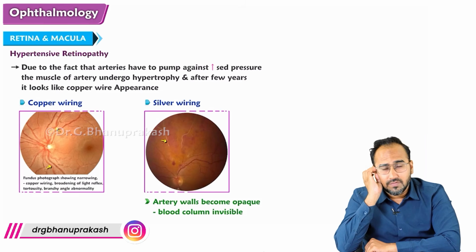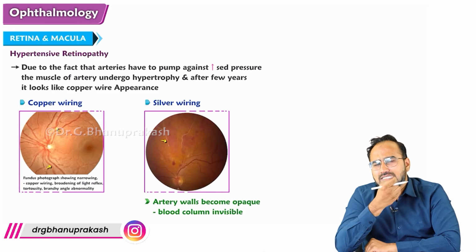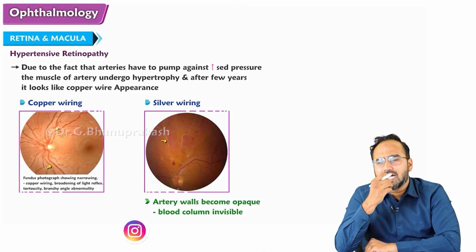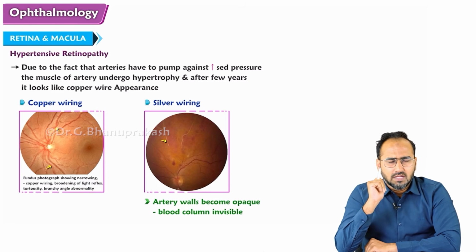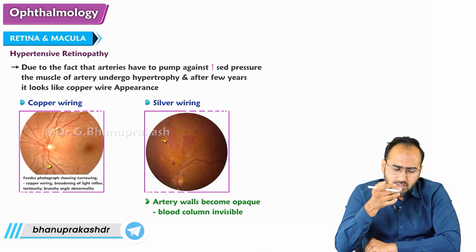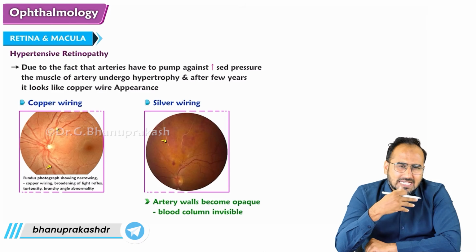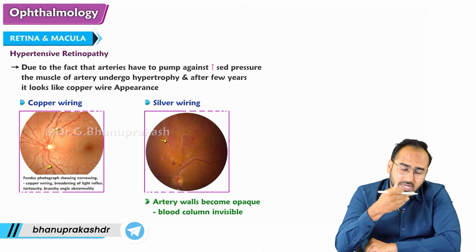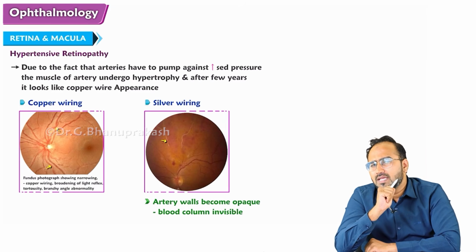Remember, we have discussed what is happening to the arteries in hypertensive retinopathy. Gun sign, Salus sign and Bonnet sign are seen. In the initial stages, the arteries look like a copper wire, okay? But as the disease progresses, they look like a silver wire, ultimately leading to papillary edema.